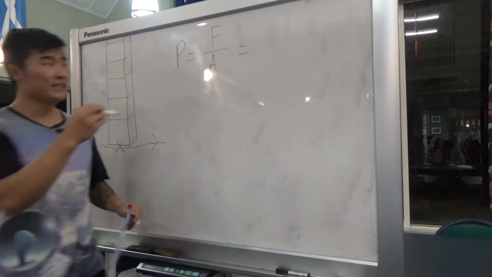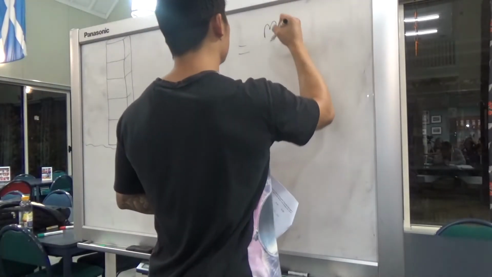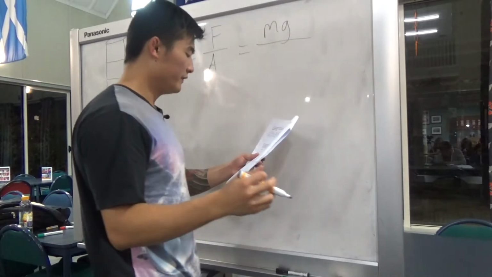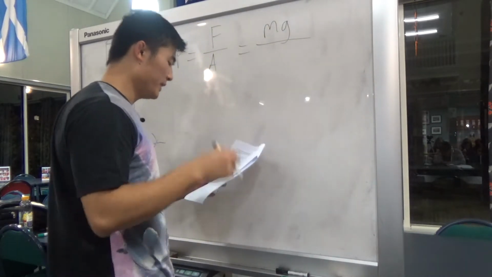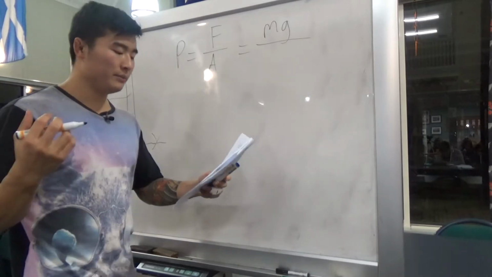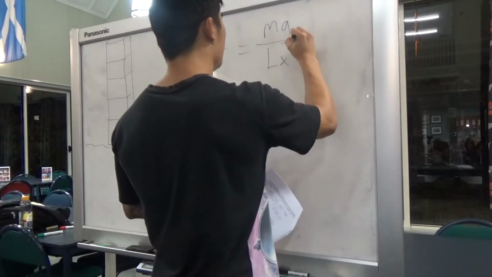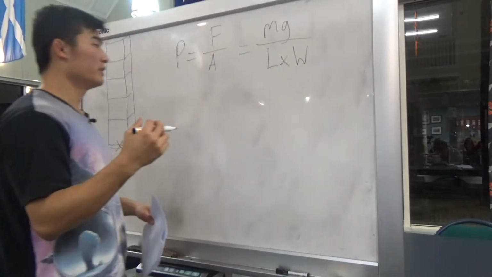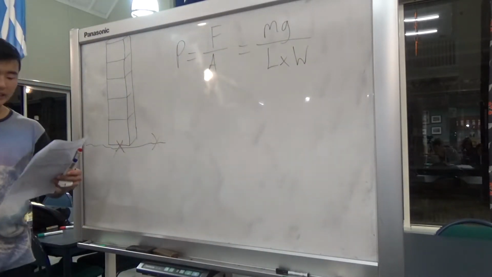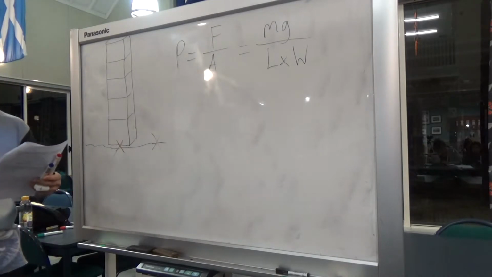So force is going to be mass times gravity over the surface area. So because it's a cube, area is going to be length times width, right? So area is length times width. Okay, and we know that each side is 44 millimeters long.